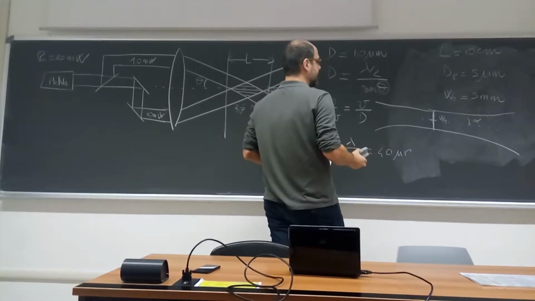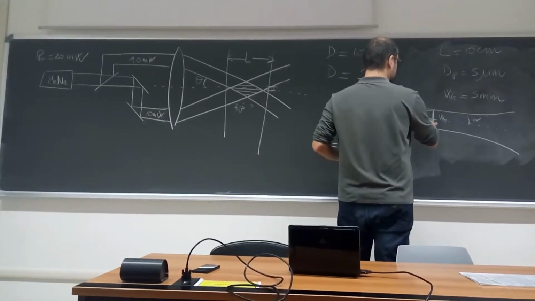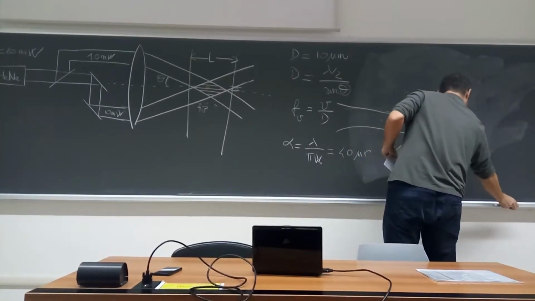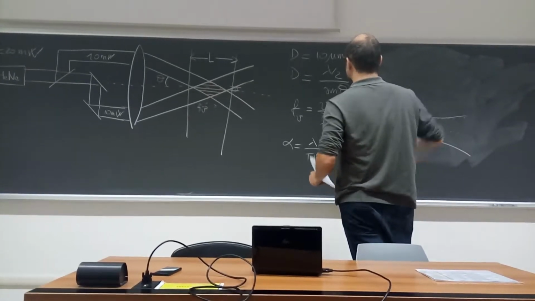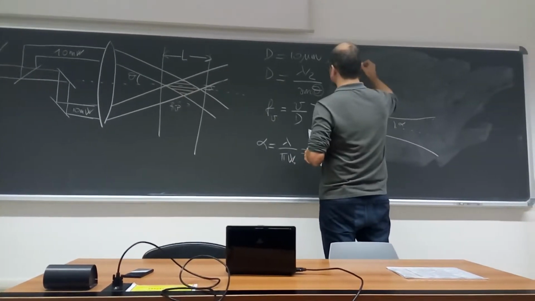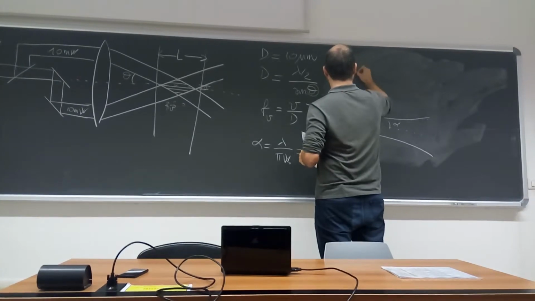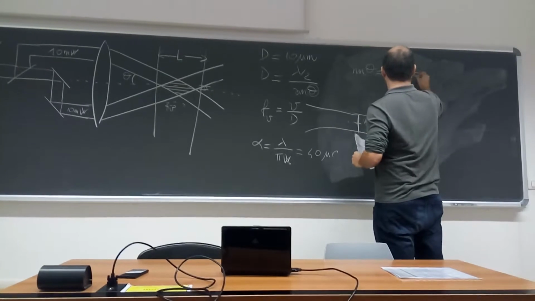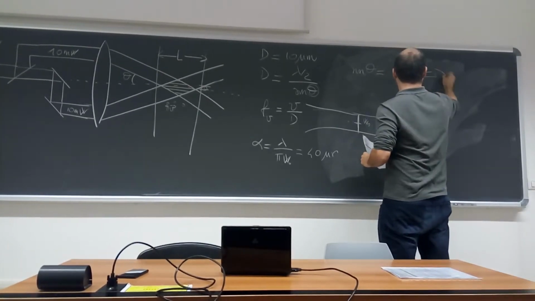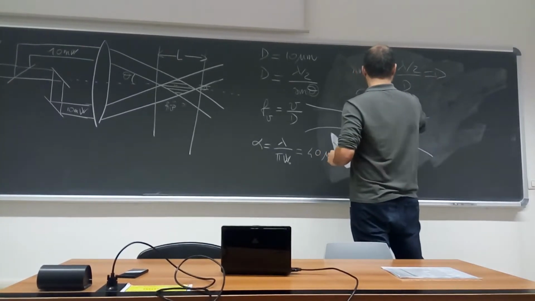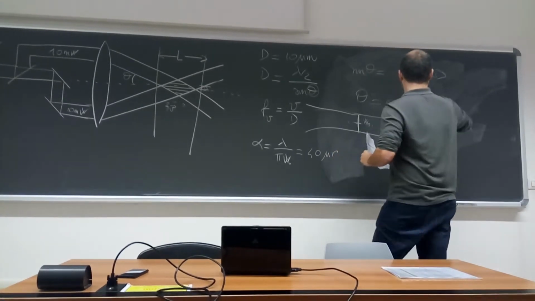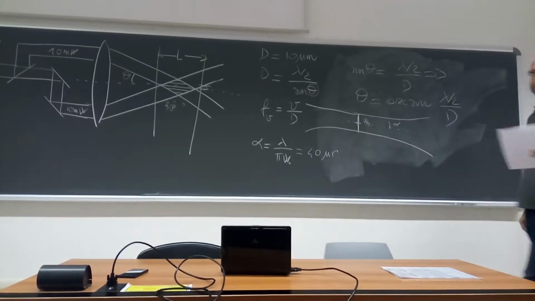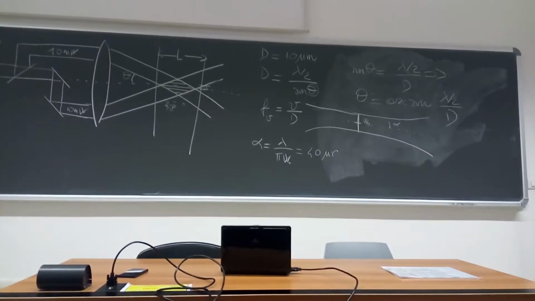So let's go on here. What does it mean? That sin theta is equal to lambda over 2 divided by d, and this means that theta is the arcsin of lambda over 2 divided by d.